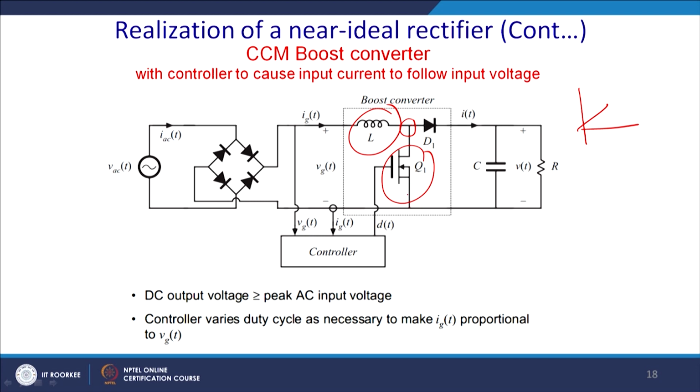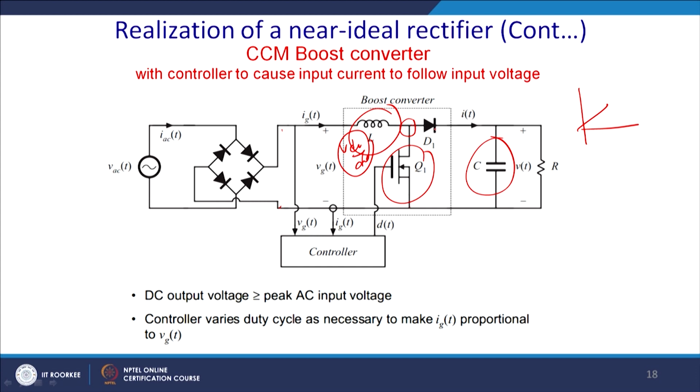We will talk about that stress, and due to the change in current, L di/dt will come into the picture. So, this voltage plus L di/dt will basically charge the capacitor.